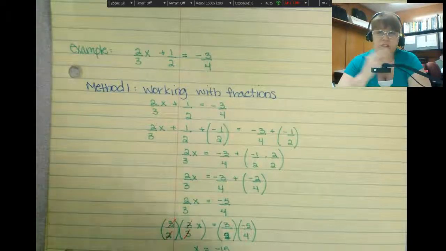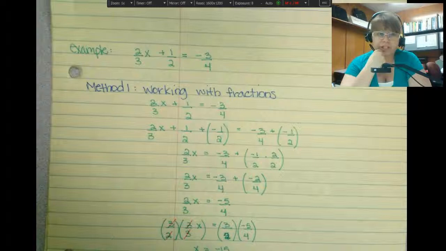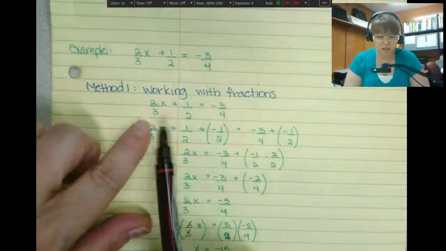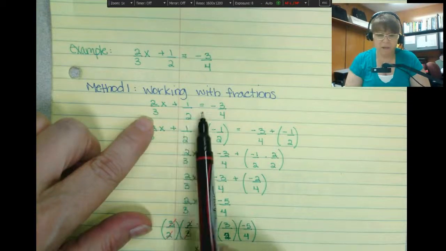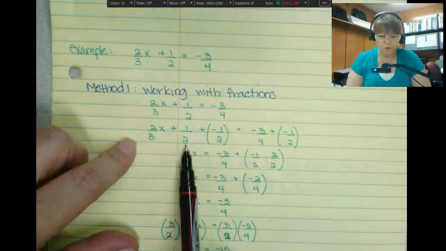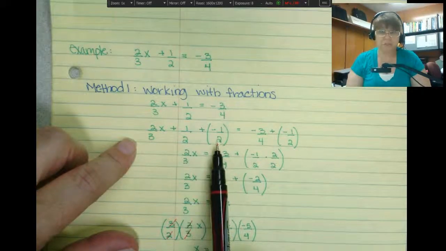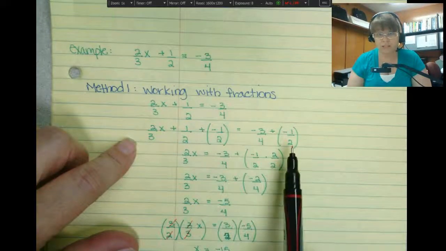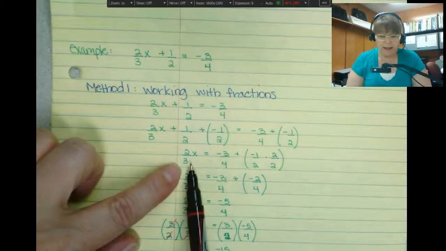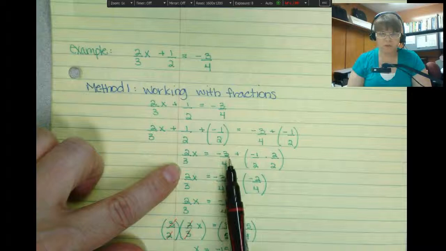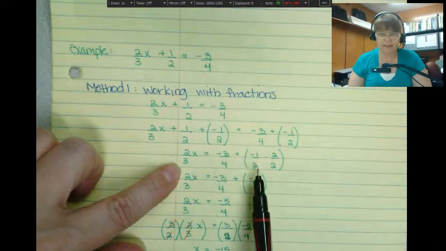There are two methods when we're working with fractions. The first method is you work with your fractions. 2/3 x plus 1/2 equals negative 3/4. So I'm going to move my 1/2. I'm going to add the opposite, which is a negative 1/2, to both sides using my addition property of equality. I have 2/3 x equals negative 3/4 plus negative 1/2.